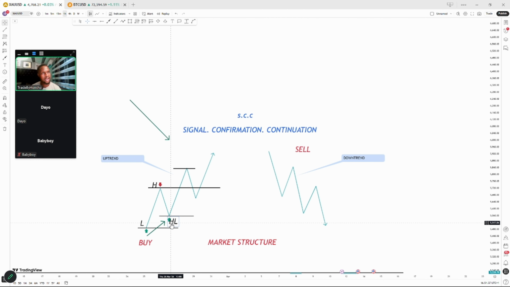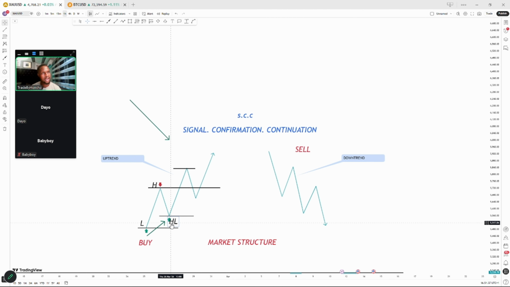Now we have a new high, which is our signal. So we are going to identify this as our signal, which is this signal here.